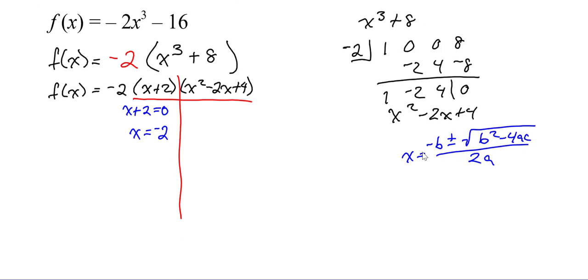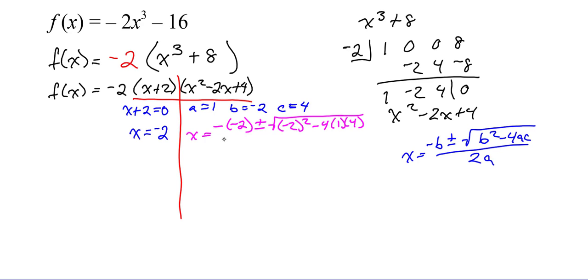Okay, so what we would do here is we know that a equals 1, b equals -2, and c equals 4. So plug in our quadratic formula. x equals -(-2) plus or minus the square root of (-2) squared minus 4 times 1 times 4, divided by 2 times 1.